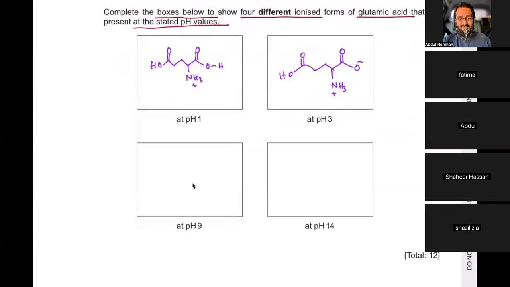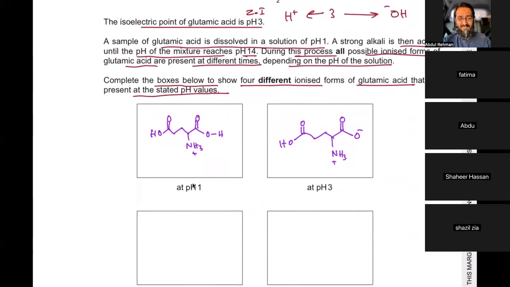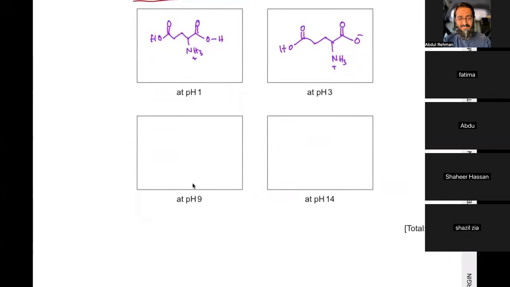Now we have pH 9 and pH 14. pH 9 is a little alkaline, and pH 14 is going to be highly alkaline. At pH 9, this was NH3 positive, so it loses the hydrogen to neutralize the alkali.